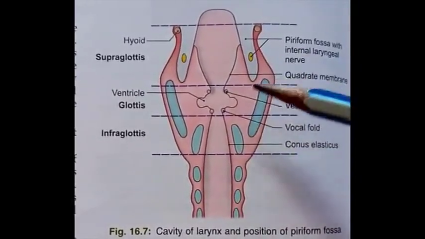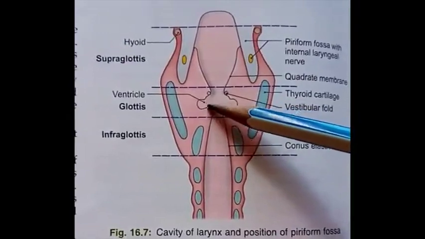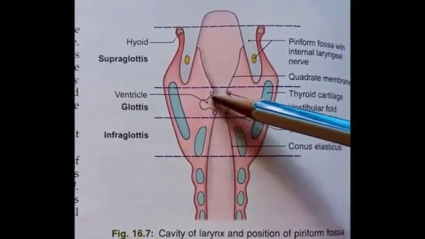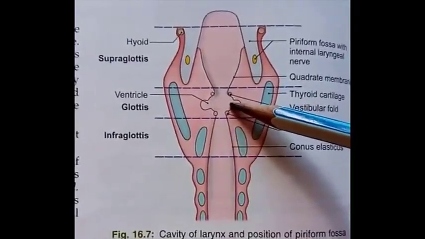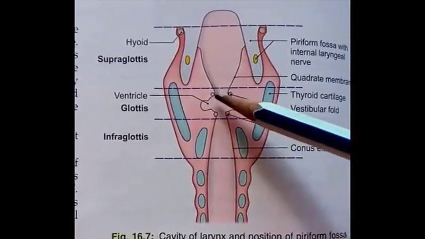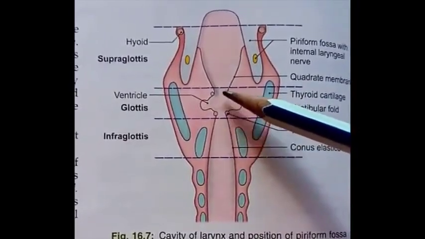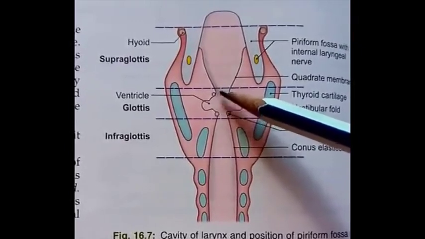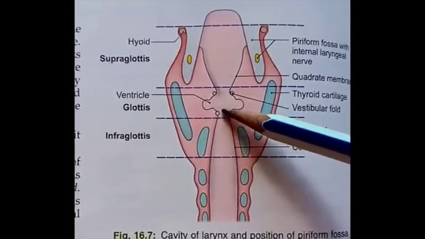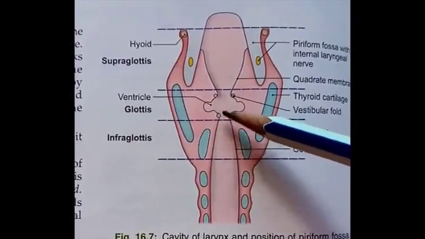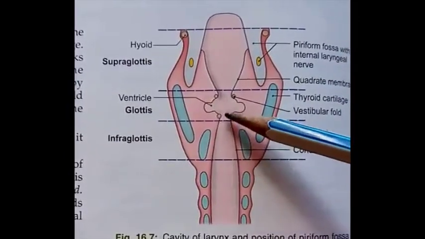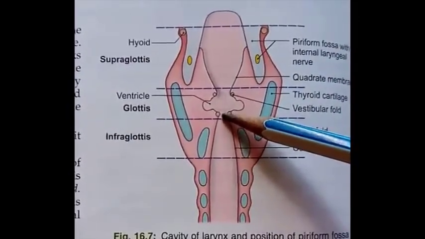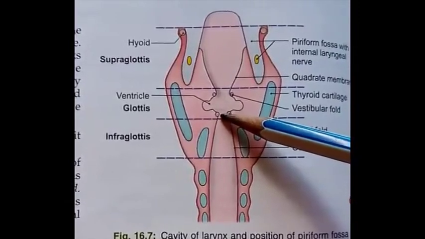And this is the ventricle or sinus of the larynx. The space present between two vestibular folds is known as rima vestibuli, this area, and the space present between two vocal folds is known as rima glottidis. So this is the rima glottidis portion.